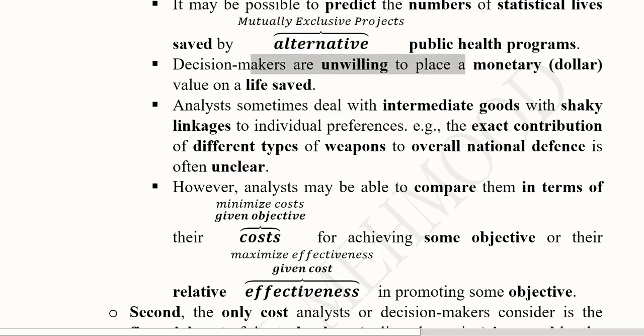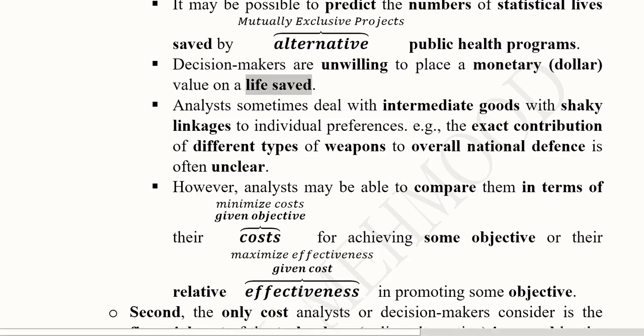Decision makers are unwilling to place a monetary dollar value to life. That is, it's very difficult actually to assign a dollar value to life saved, because life can be looked at from various angles. For example, the income that is earned by the individual throughout his life, or the utility the other people have from him, or for example, the dependence of people on that person.